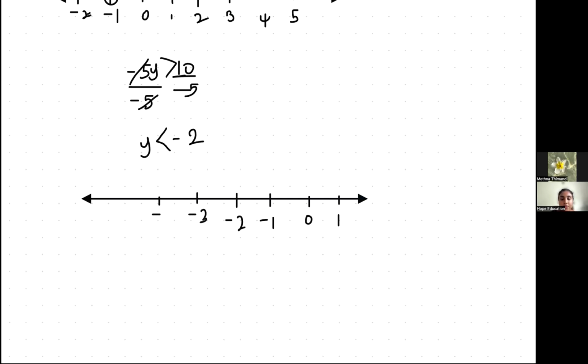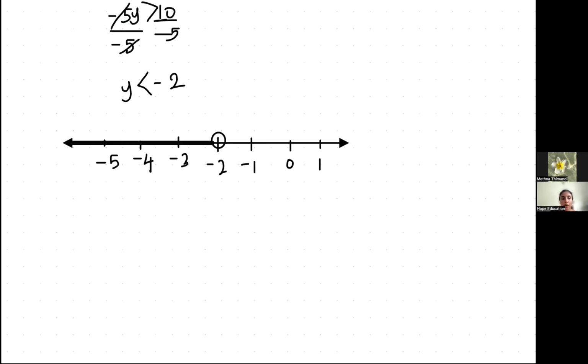You have to mark them at equal distances when you do this. Then less than minus 2, so I put it like this at minus 2. Metna, this is how you did it? Yes, teacher. Okay. Then we'll move on to the next part, inequalities of the form ax.